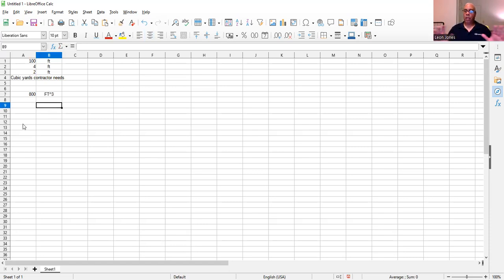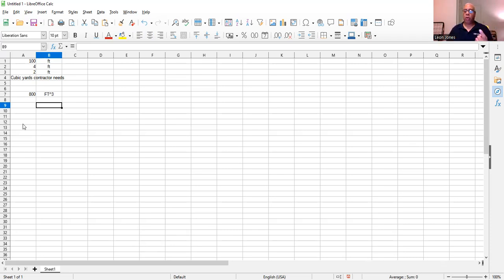Now, what I wanted was cubic yards. So how am I going to convert this to cubic yards? Well, you have to know the factor. First of all, when it comes to anything cubed, we take everything in cubic feet.